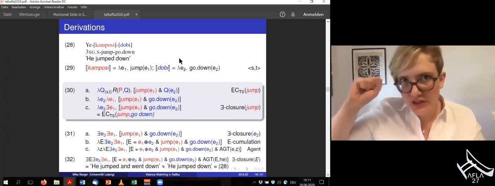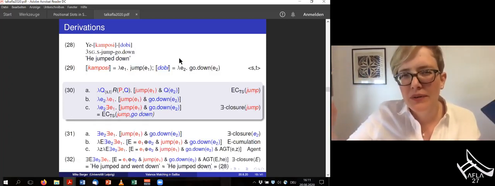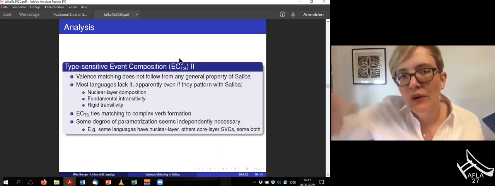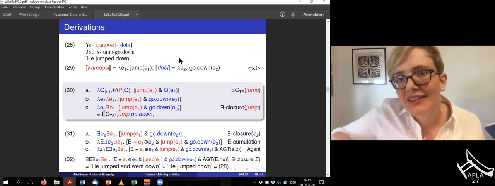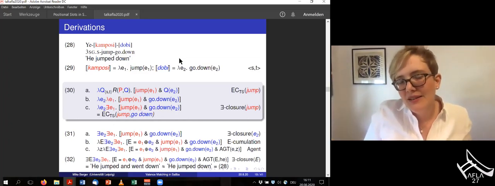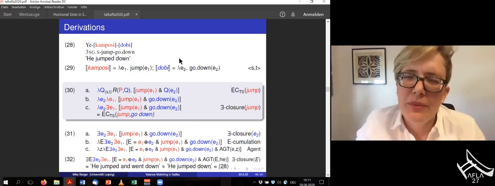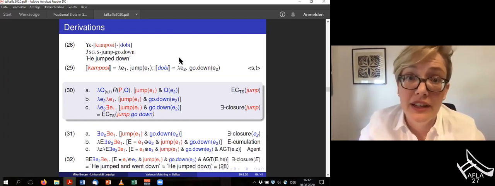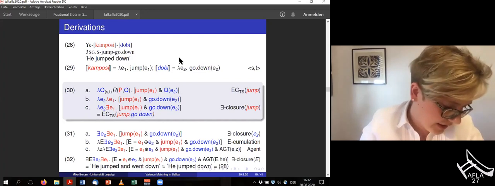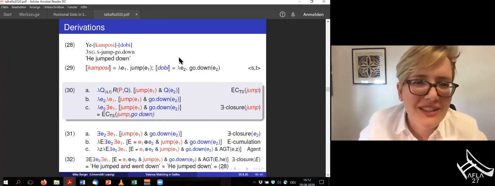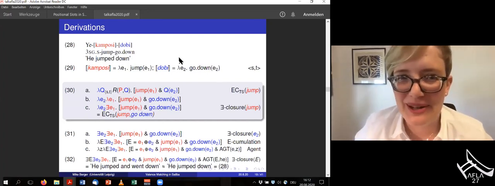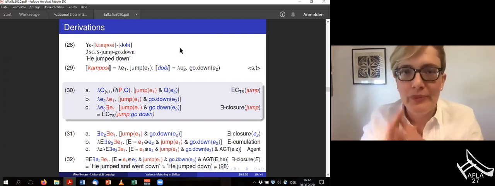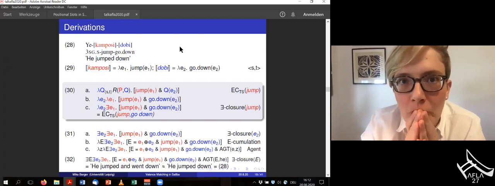But if you were to just existentially quantify them off, I think the lower event would potentially be allowed to be temporally independent. And I wonder if that's such a bad prediction, or if maybe you don't need the accumulation in the end, depending on what the data actually are. Looking at 28, I don't even see a temporal aspectual marker in that sentence. So if it's a tenseless language, maybe that's not an issue.